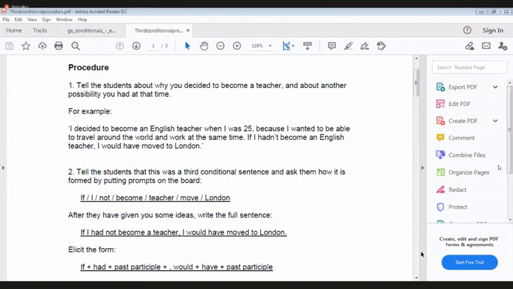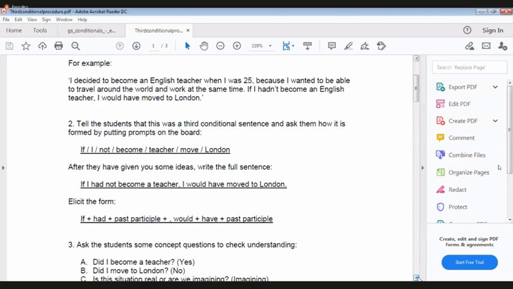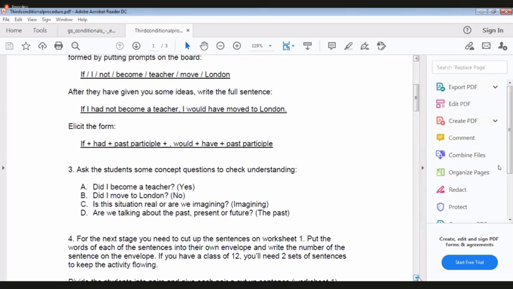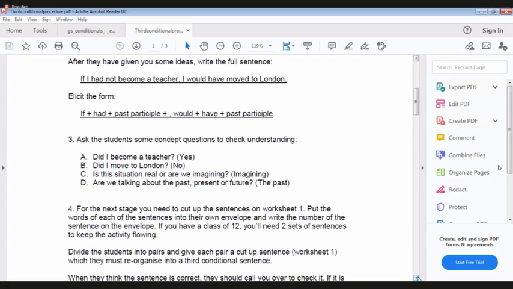Okay, so in this sheet, look at these sentences. They are also a bit difficult. Okay, let me share another. Wait.